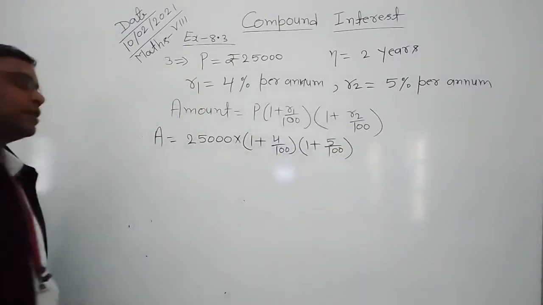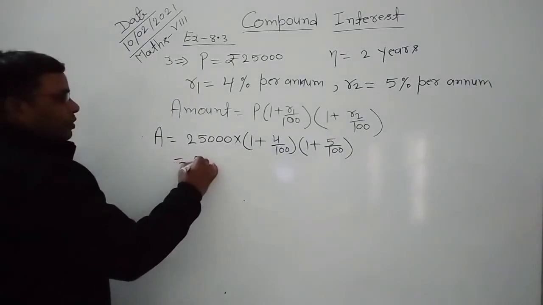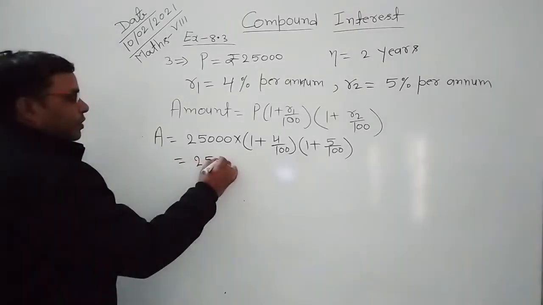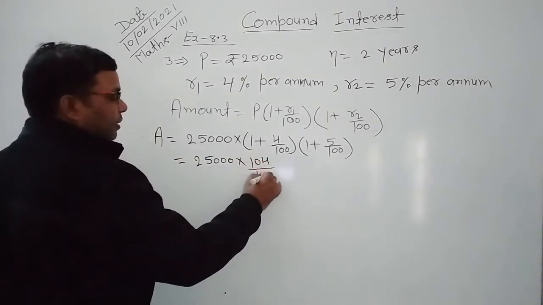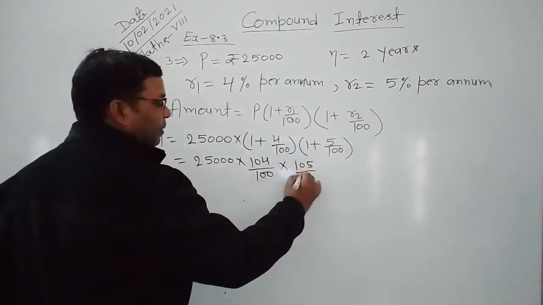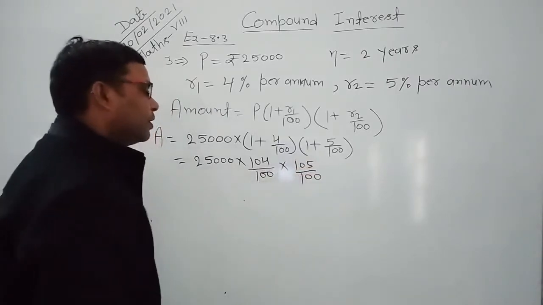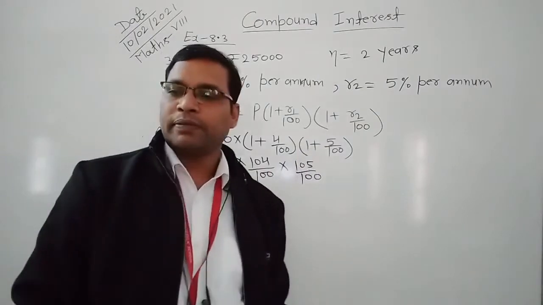Clear? Now here you can write 25,000 into 104 by 100 into 105 by 100. Clear? So you can simplify this.